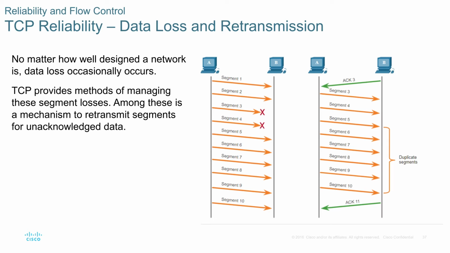But as you can see, we will resend 3 through 10, which is also a waste of our resources because we are retransmitting segments 5 through 10, which were already received, duplicating information. We have the ability to request only the ones lost to be sent.